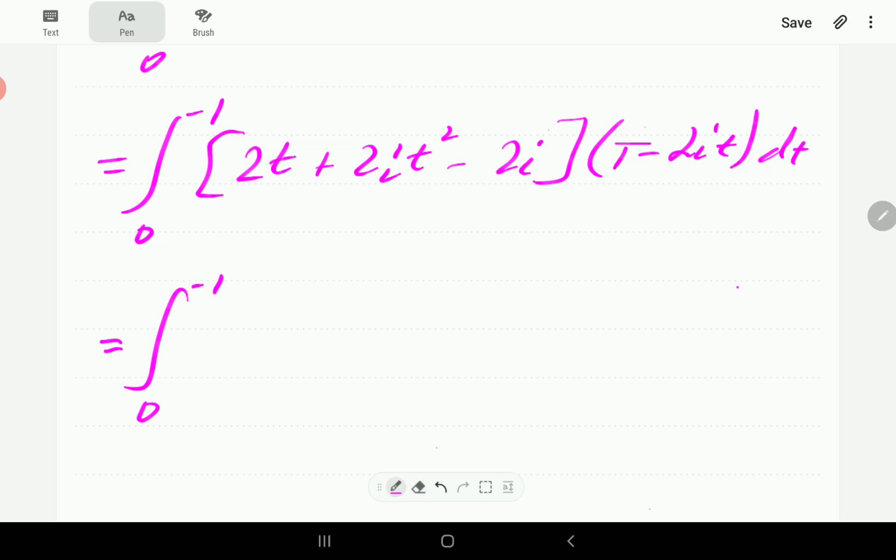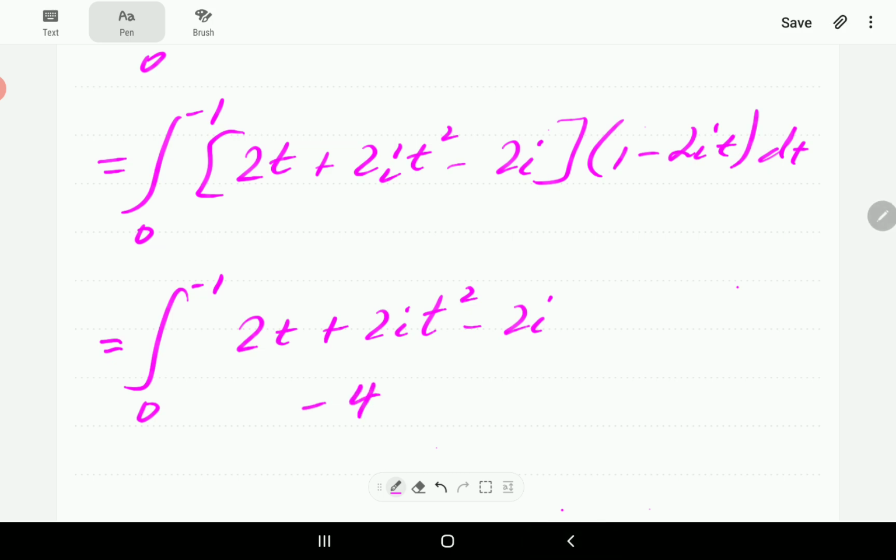So if we multiply by 1, these terms are going to be exactly as they stand now: 2t plus 2it squared minus 2i. Then now multiply by negative 2it. So negative 2it times 2t is going to be negative 4it squared.